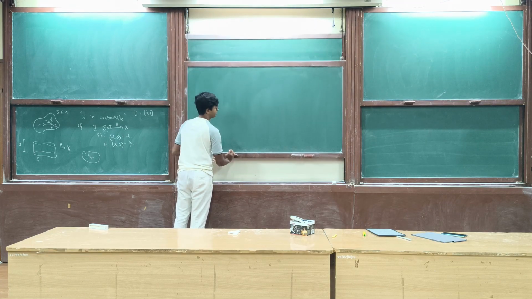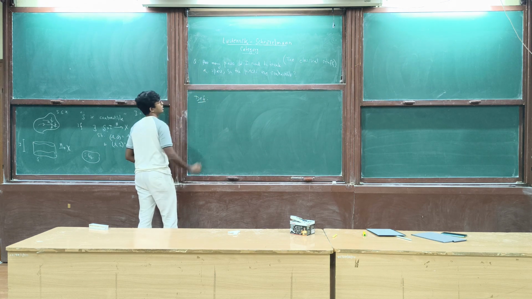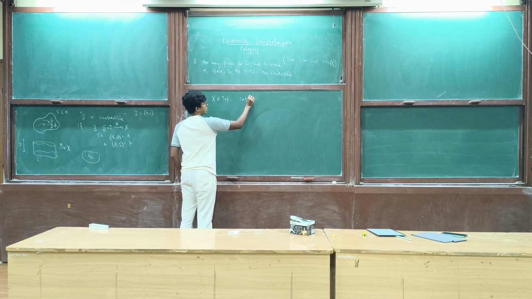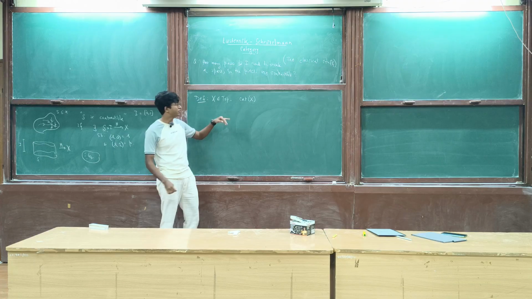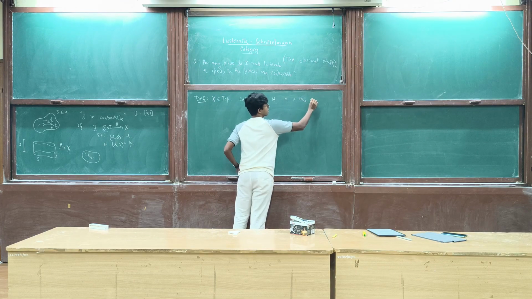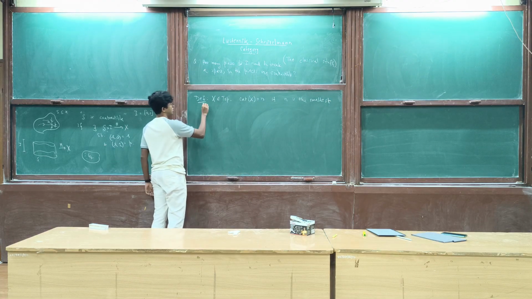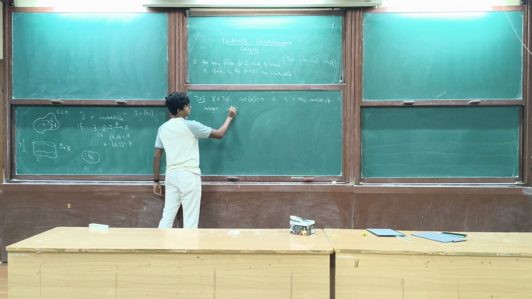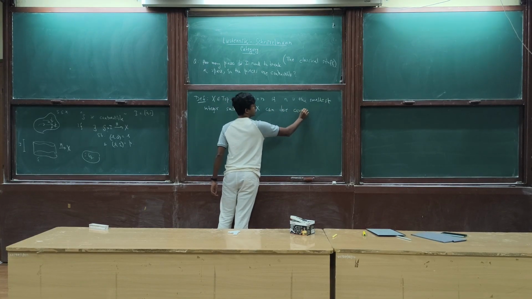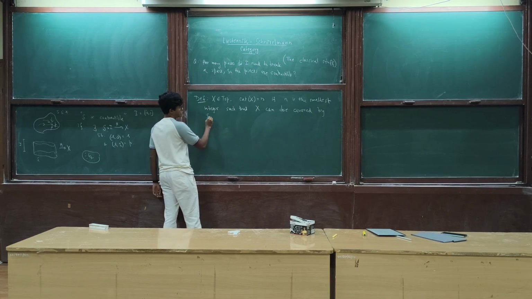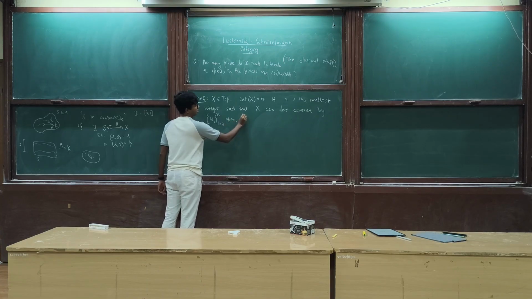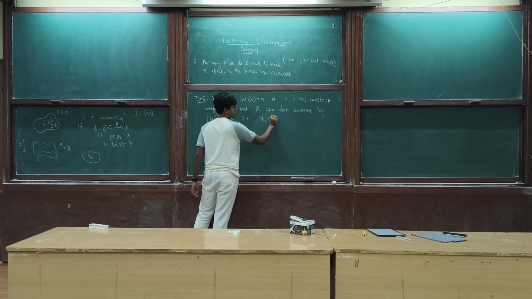Let's say X is a topological space. Then the LS category is defined as cat of X. The category is N if N is the smallest integer such that X can be covered by an open covering U_0 through U_N such that each of these U_i are contractible.